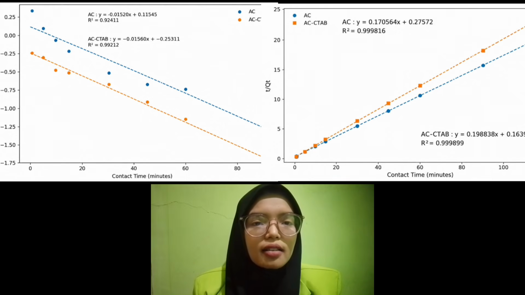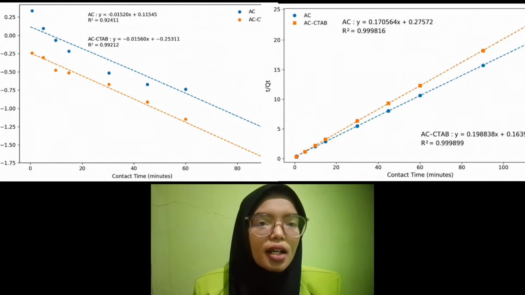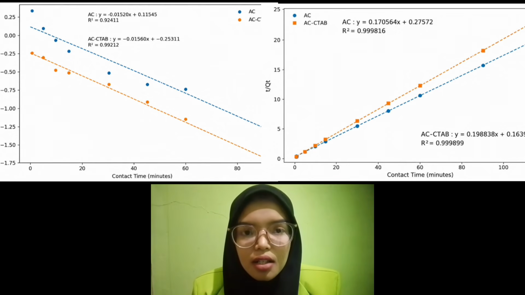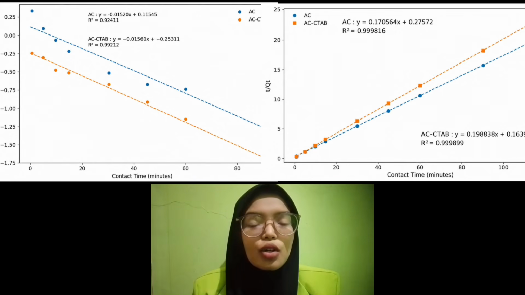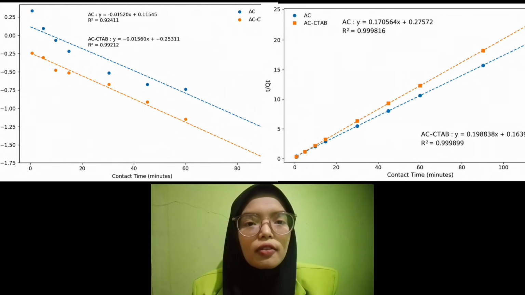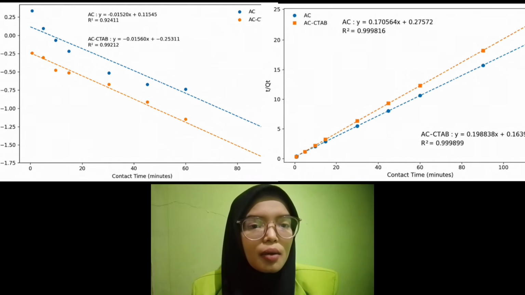To better understand the adsorption mechanism, the experimental data were analyzed using the pseudo-first order and pseudo-second order kinetic models. The results show that both adsorbents were best described by the pseudo-second order model, with R-squared values of 0.9998 and 0.9999 for the unmodified and CTAB modified activated carbon respectively.